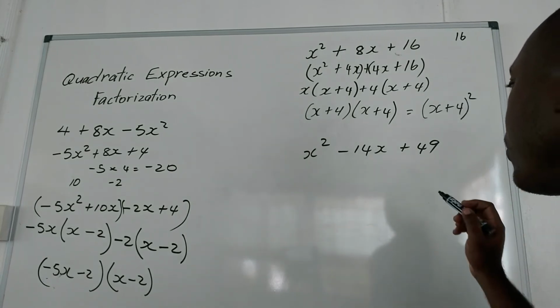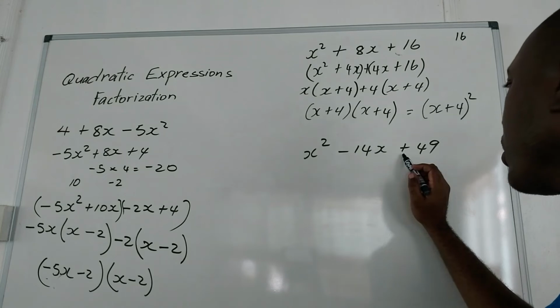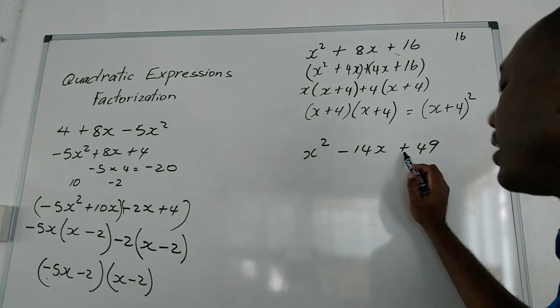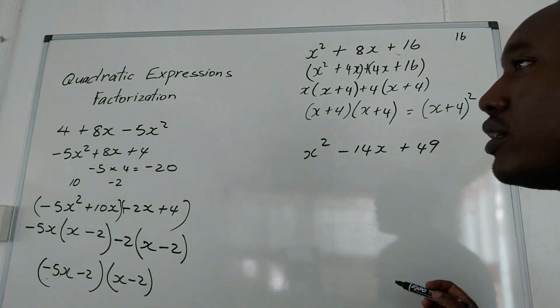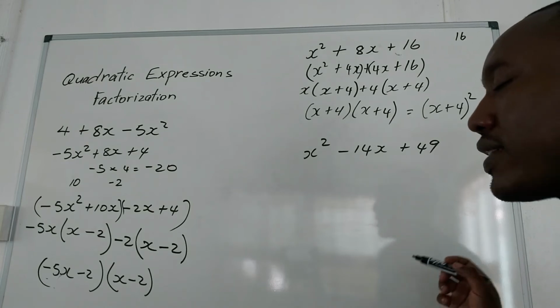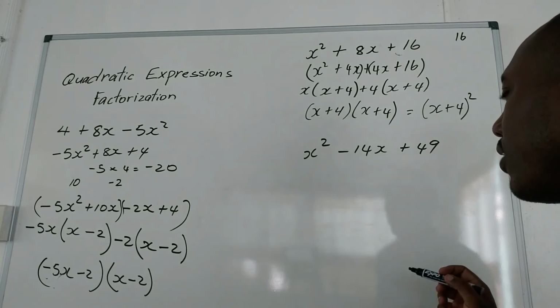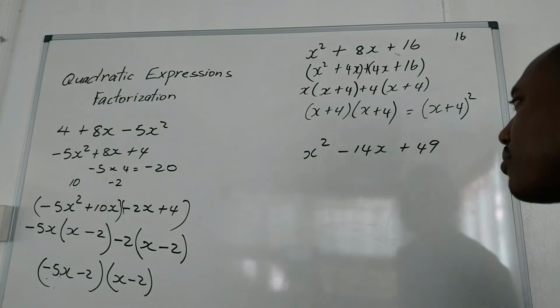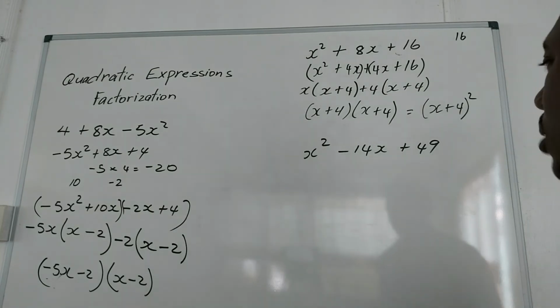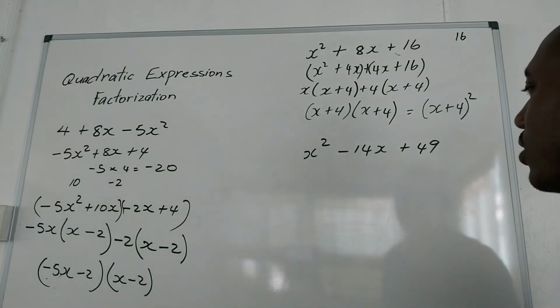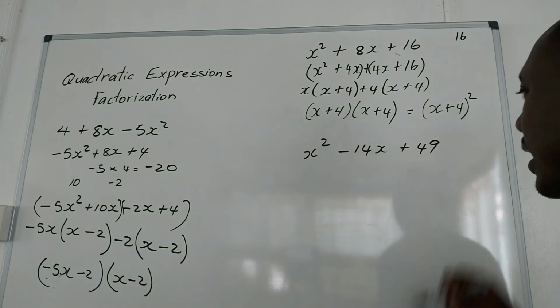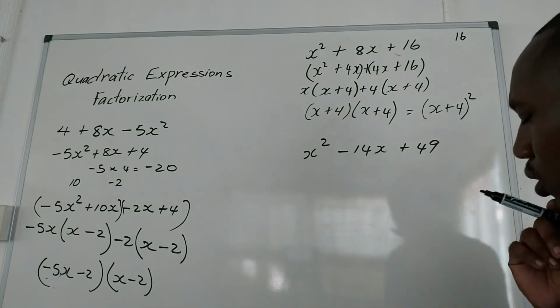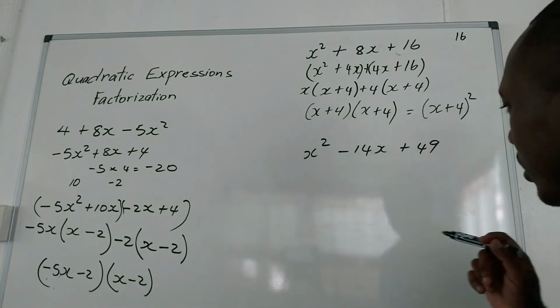If I am multiplying to get 49, it means the two numbers must carry the same sign. So what two numbers can I multiply to give me 49 and add to get negative 14?